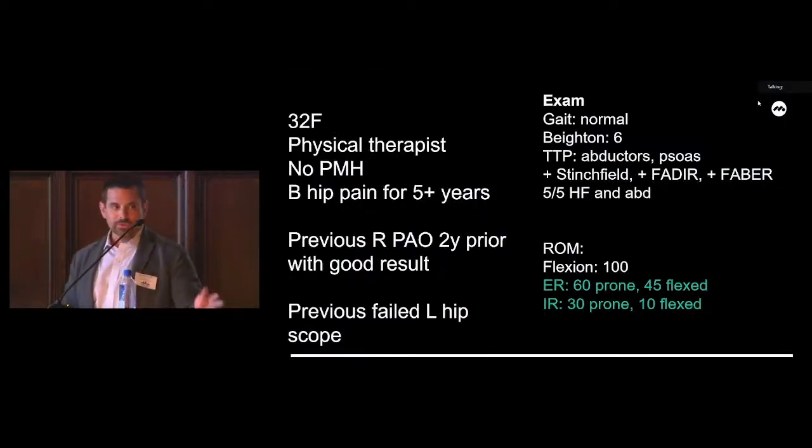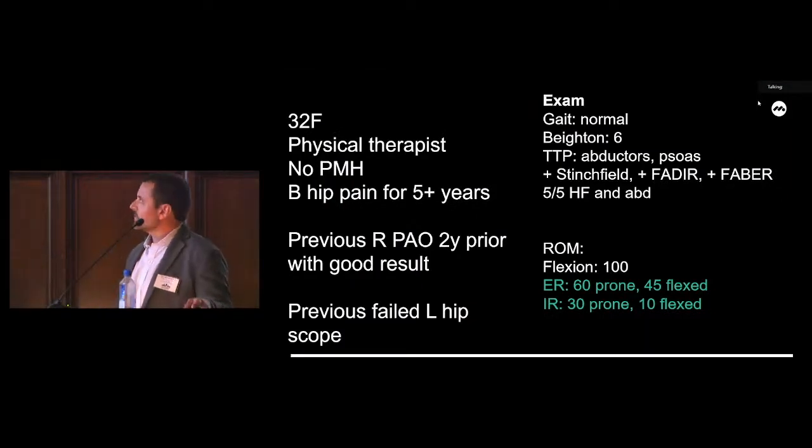Second case is also a 32-year-old female. She is a physical therapist, no past medical history. She's got bilateral hip pain, it's been going on for over 5 years. We're going to focus on her left side, but 2 years ago I did a PAO on the right, she loved it, she came back saying, I had a failed scope on my left side, I want you to do the same thing.